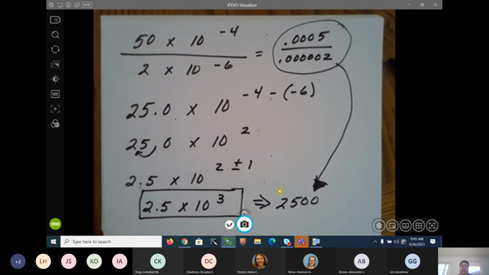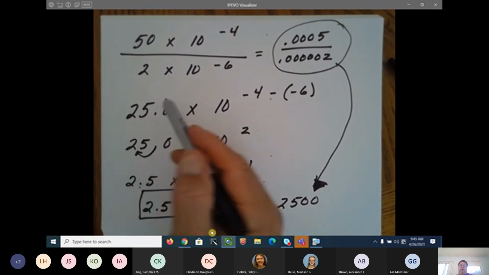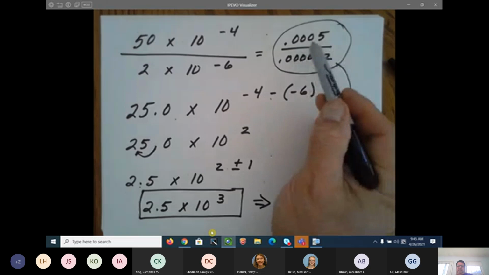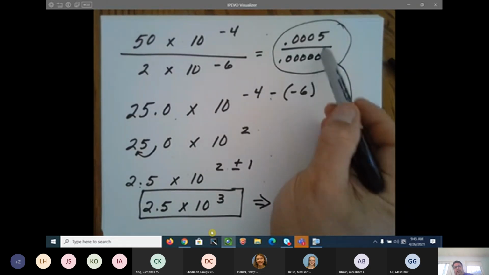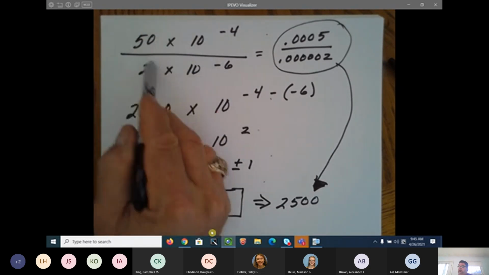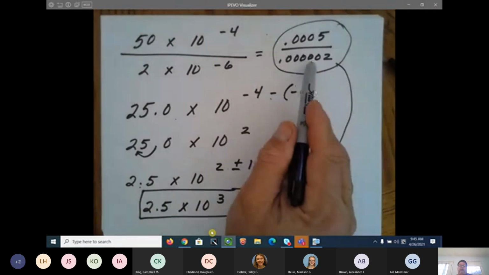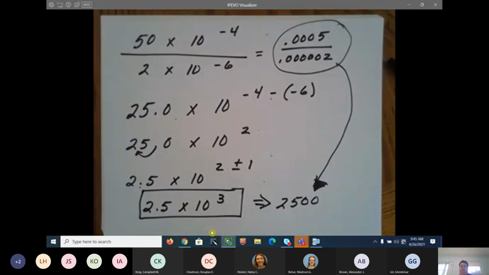That's why scientific notation was developed. Scientific notation was developed so you didn't have to do this by hand before calculators came around. So you got to think to yourself, it took a real genius to figure this stuff out. So you wouldn't have to do this in your head, I mean, by hand.